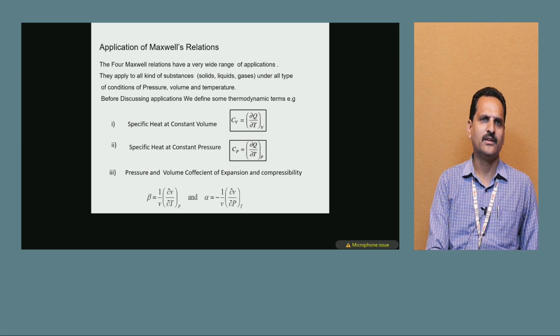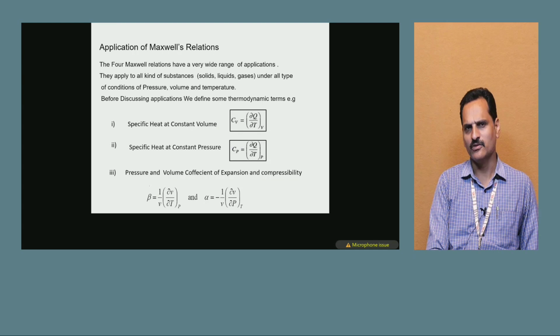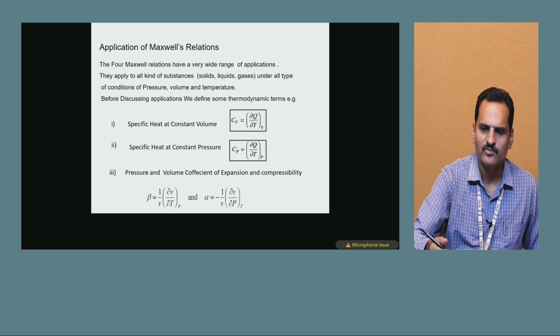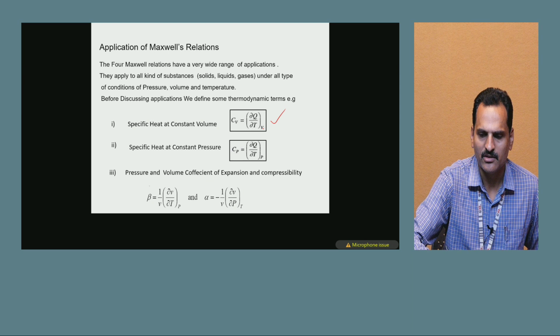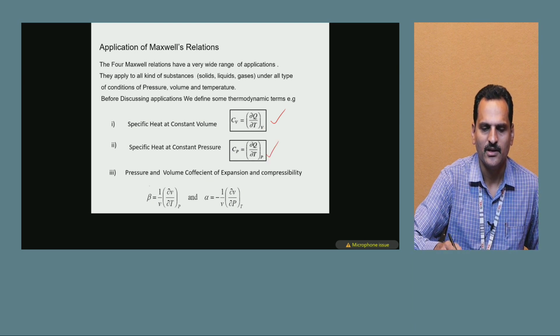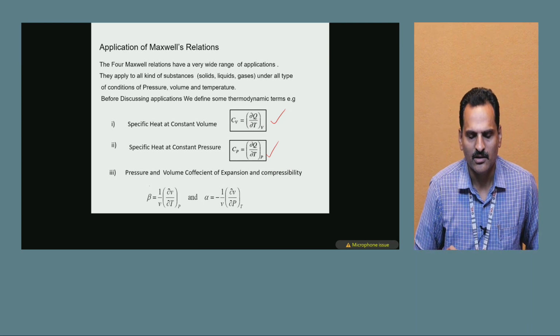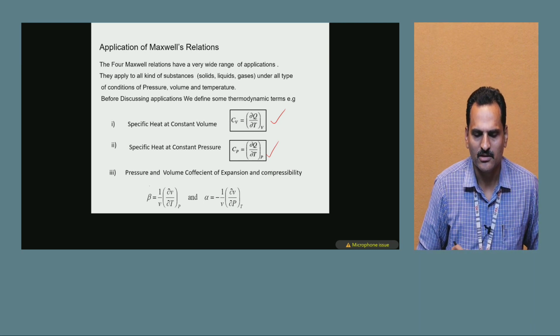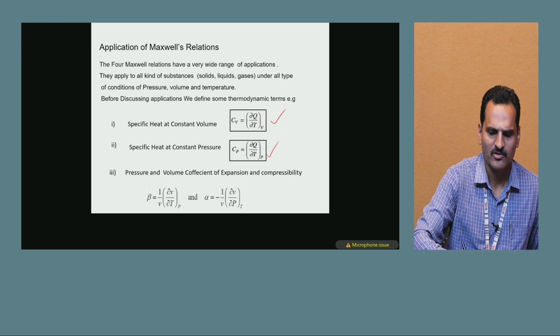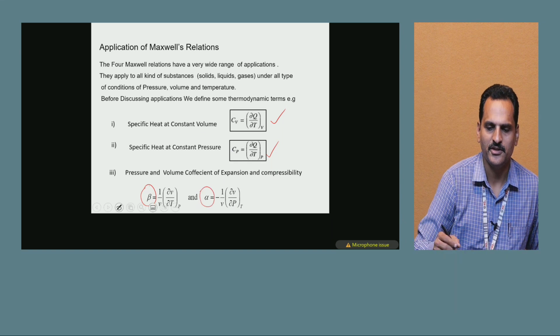These Maxwell relations or equations are very useful to estimate the specific heat at constant volume, Cv is equal to dou Q by dou T at constant volume, and specific heat at constant pressure, dou Q by dou T at constant P. And these are also useful to estimate the volume coefficient of expansion and compressibility coefficients.